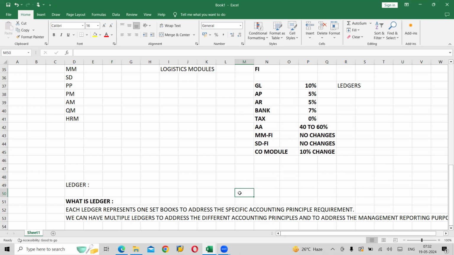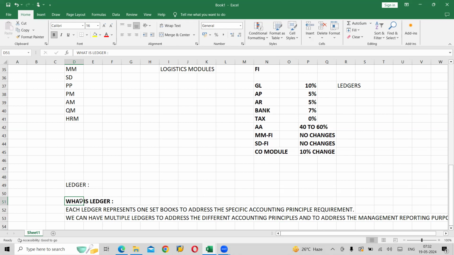The first question they might ask you is, what is a ledger? Without understanding this, we can't go ahead. Leading ledger, non-leading ledger is immaterial. First, you need to understand the purpose of ledger. Clear?